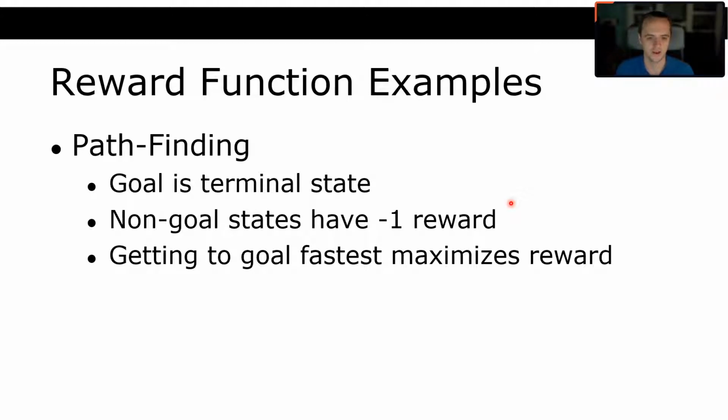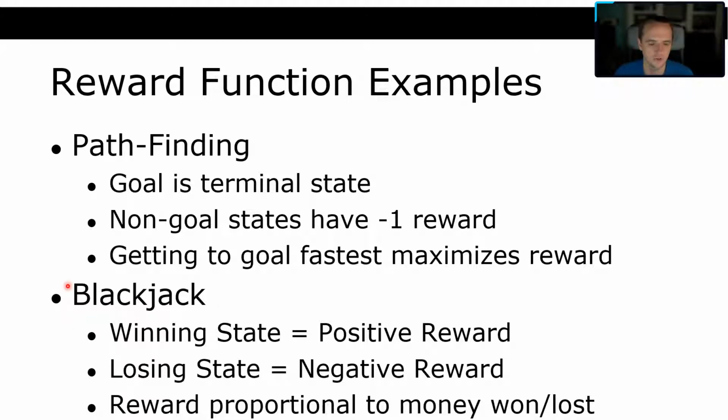So by getting to the goal the fastest, we are maximizing our reward because our rewards are negative, okay? In Blackjack, for example, if we wanted to apply reinforcement learning to Blackjack, if we're at a winning state, we could give a positive reward, maybe +1. If we're at a losing state, we could give a negative reward of -1, or we could give a reward that's proportional to the amount of money won or lost, etc. Okay?